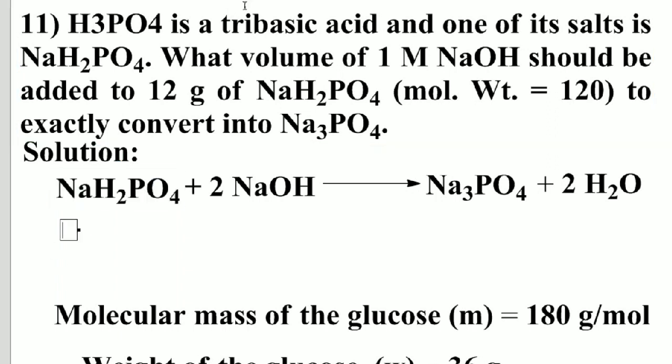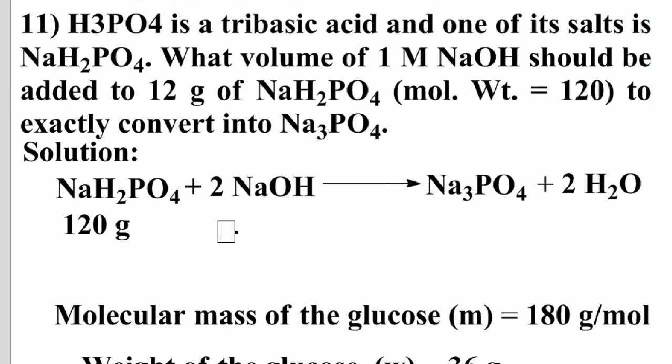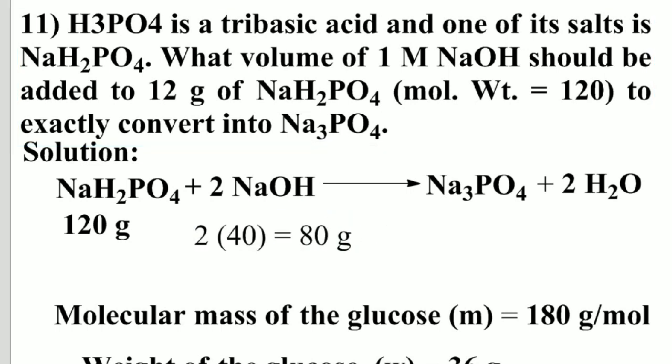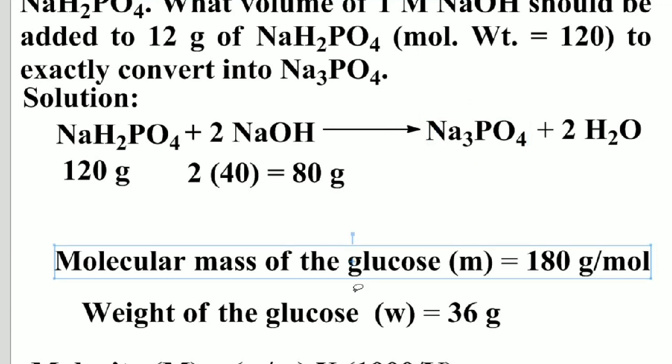This reaction clearly shows that 120 grams of NaH2PO4 reacts with 2 into the molecular mass of sodium hydroxide, which is 40, so 2 into 40 equals 80 grams of sodium hydroxide, producing Na3PO4 and 2 moles of water.